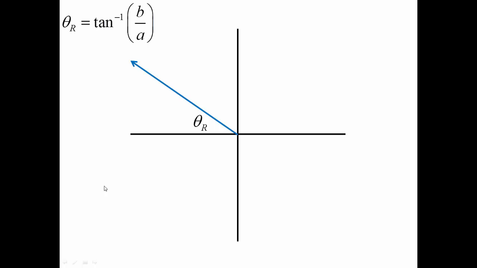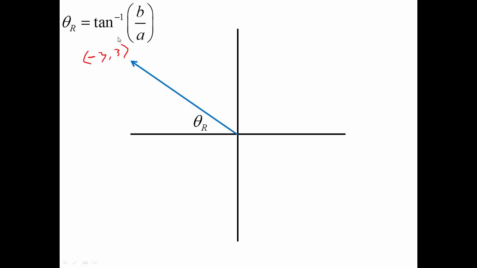So let's actually write that down. Let's say I'm at -3, +3. Inverse tangent would be 3 over -3. In other words, the inverse tangent would be -1. Well, when is tangent -1? Well, at -45 degrees.